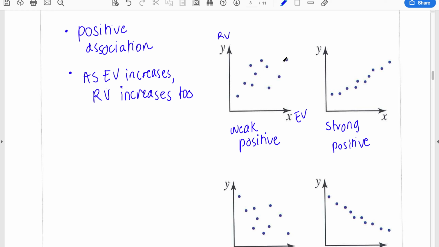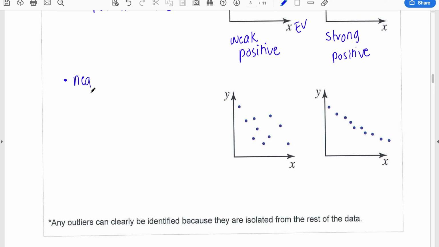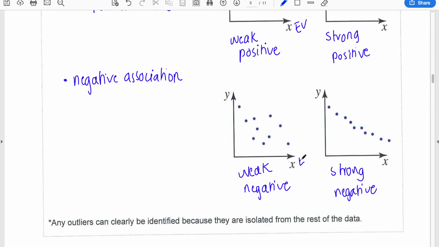The opposite of that, of course, will be a negative association, and that's what these two down here are showing. So if I put negative, and of course we've got one that's weak, and we've got one that is strong. Before we move on, I'll just talk about what's happening here. As you look left to right, the EV values are getting bigger.